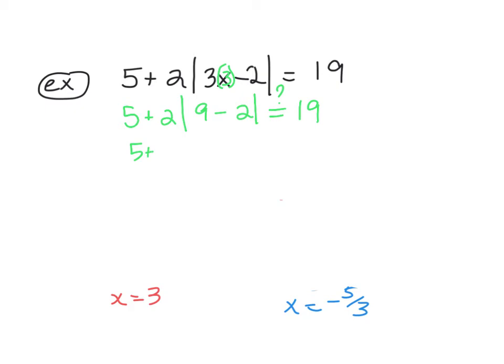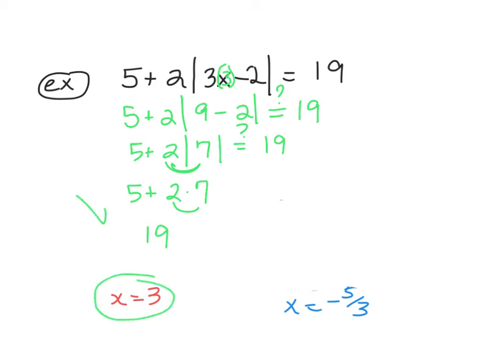That's 5 plus 2 times the absolute value of 7 should equal 19. And order of operations would say take the absolute value, that's 2 times 7, plus the 5, which is 14 plus 5 is 19. So I know that x equals 3 is one of my correct solutions.